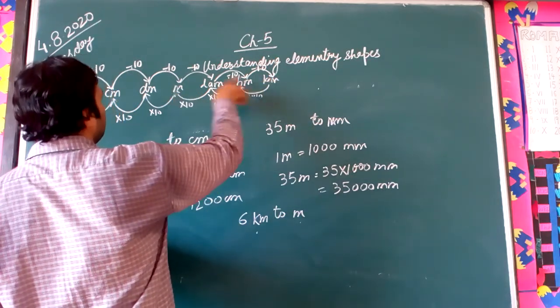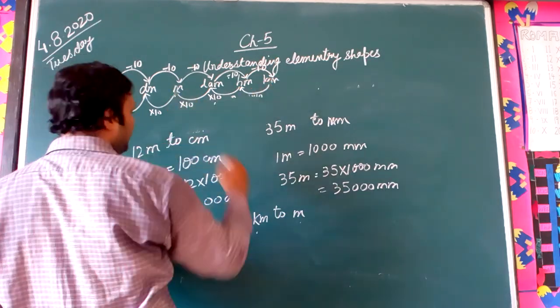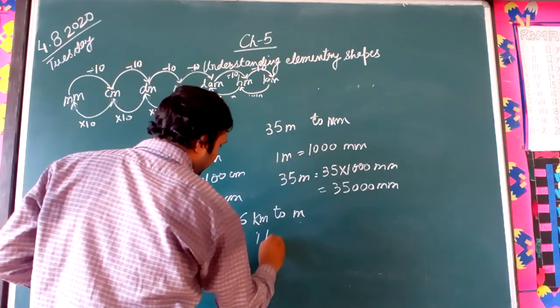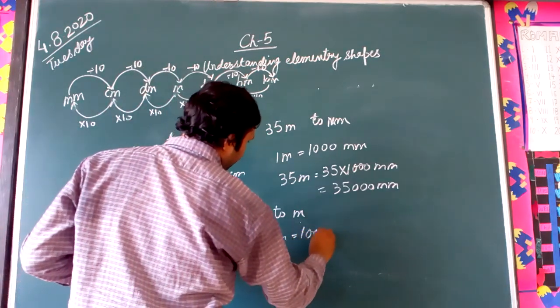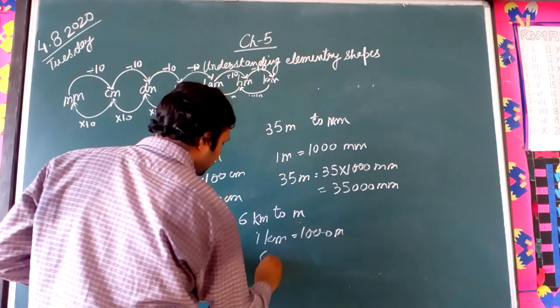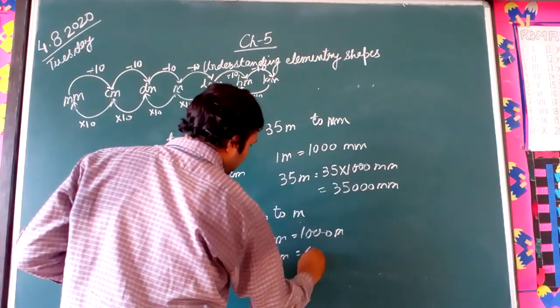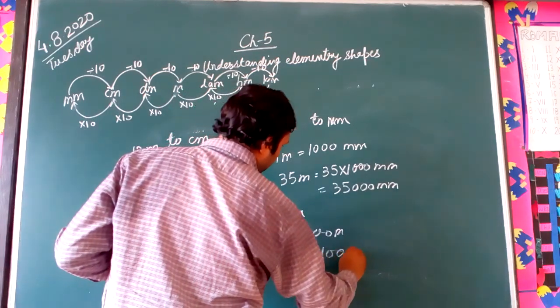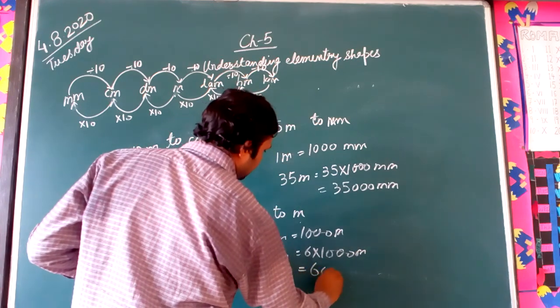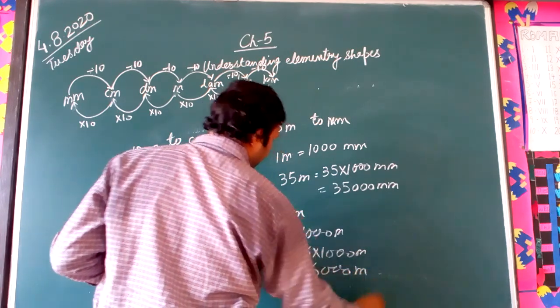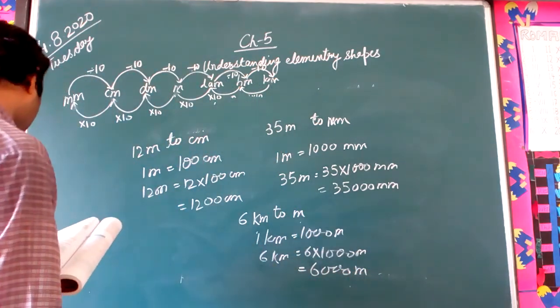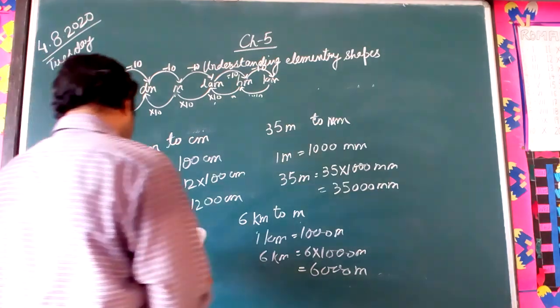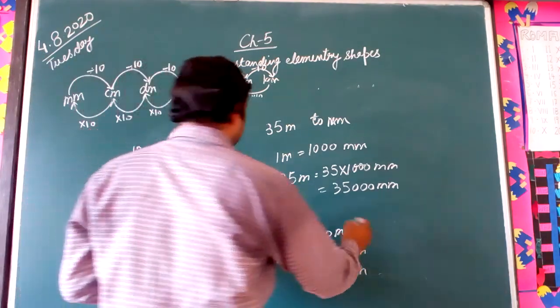Bigger goes to smaller, then it will always be multiplied. 1 km equals 1000 meter. 6 kilometer equals 6 multiplied by 1000 meter. We got 6000 meter. So in this way we can easily do the conversion.